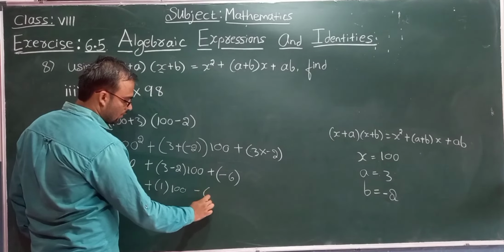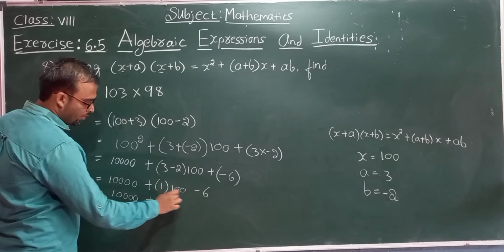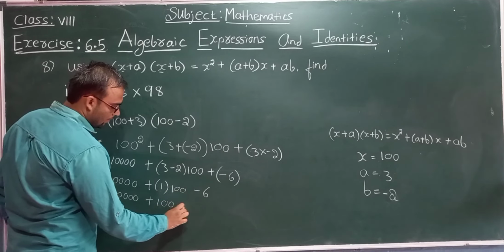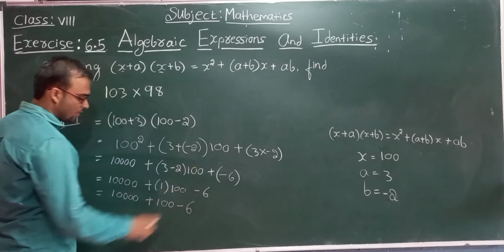And here 10,000 plus 1 into 100 will be 100, minus 6. 10,000 plus 100 will be 10,100, and this one minus 6. Next, 10,100 minus 6 will be 10,094. So this will be the solution of the third problem.